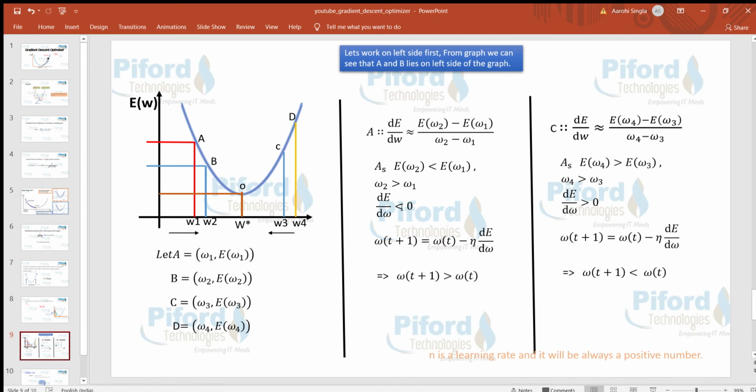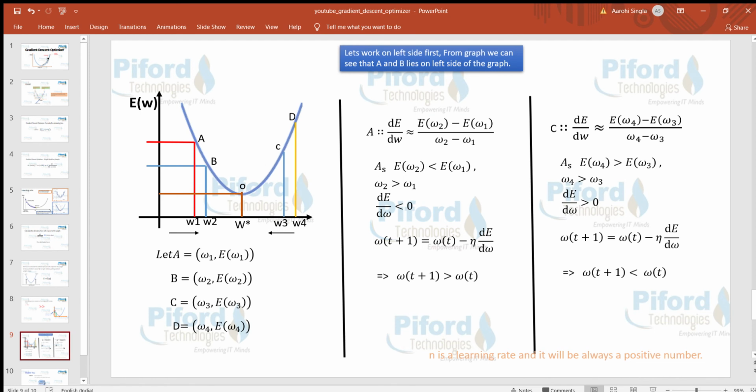So that means the value which we get over here is an approximate value of derivative of error with respect to derivative of weight W, right? If you solve this, the value which we get is approximately equal to dE by dW.